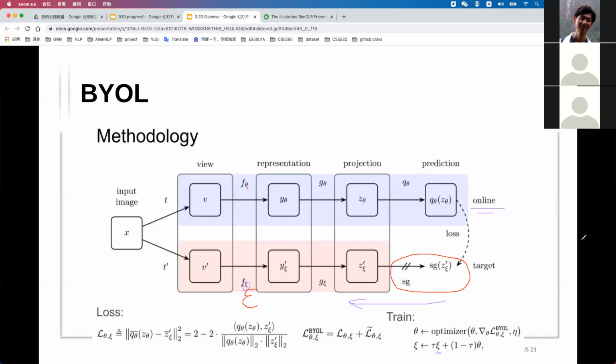I don't think so. If you don't think so, okay, that means from the very beginning the epsilon is just initialized weights, right? And these initialized weights use a momentum, which means they partially update the weights from the theta, the online branch.